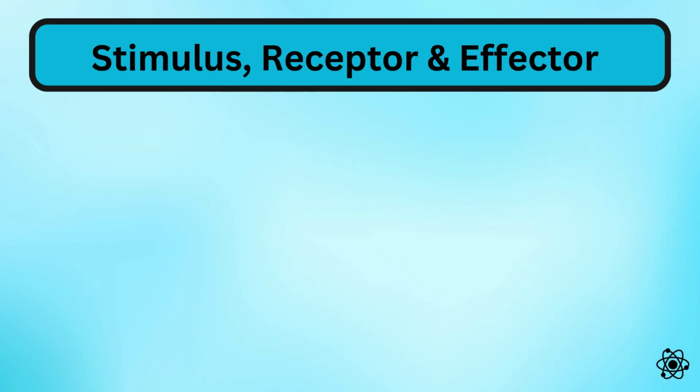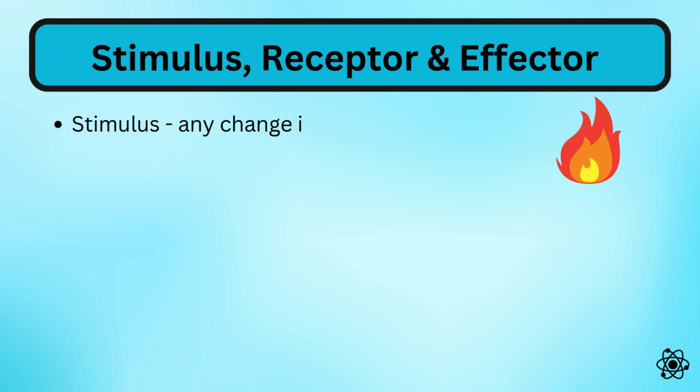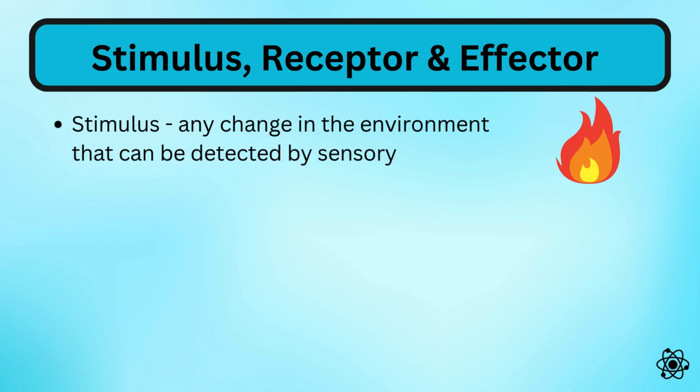Next, we must learn the meanings of a stimulus, receptor, and effector in order to understand the pathway of an impulse in the nervous system. A stimulus is any change in the environment that can be detected by sensory neurons, such as light, sound, touch, temperature, or chemicals.